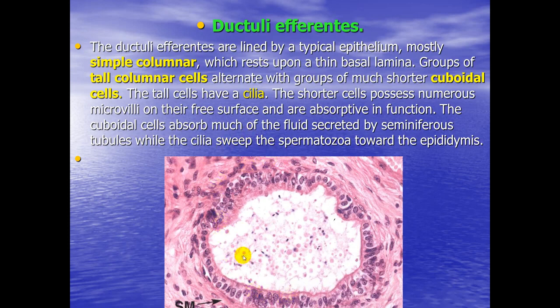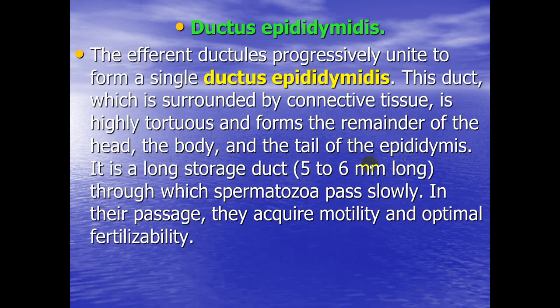That's why in this epithelium we can see a group of tall columnar cells with cilia and a group of low cuboidal cells with microvilli. It is a very prominent sign of the epithelium of the ductuli efferentes.